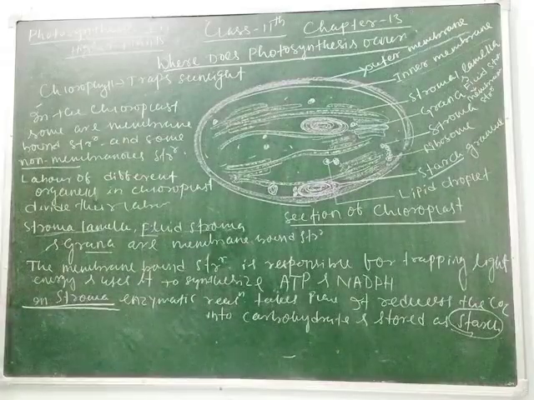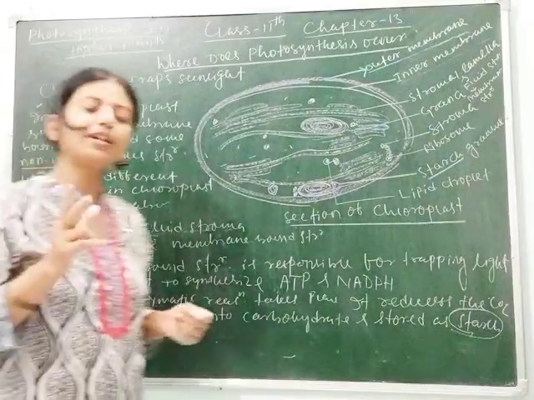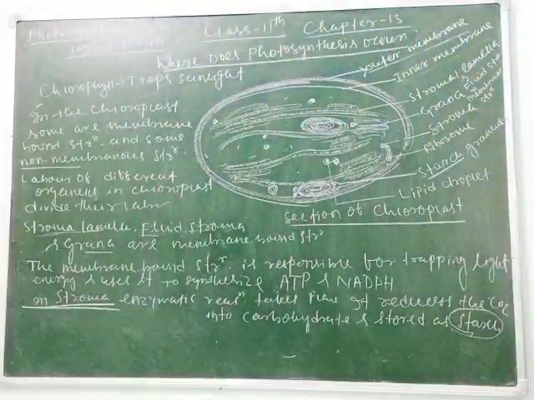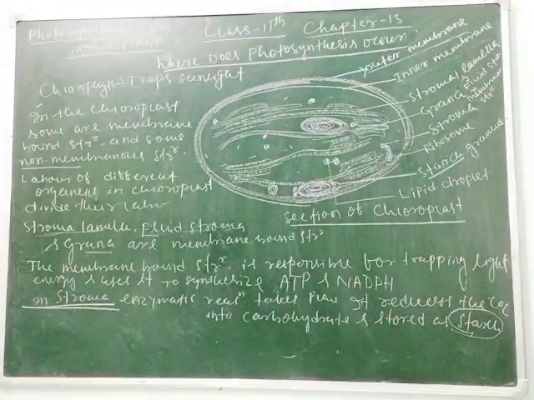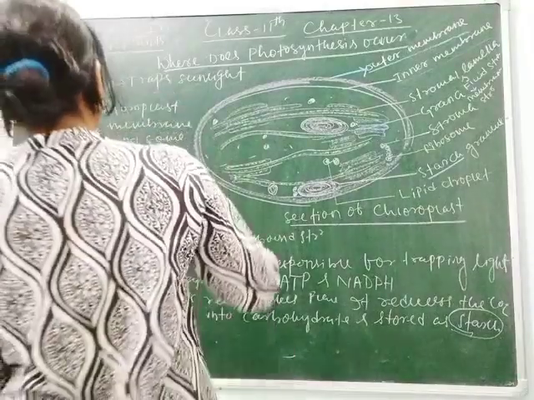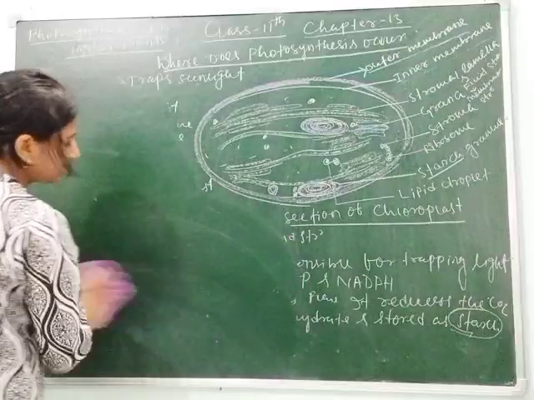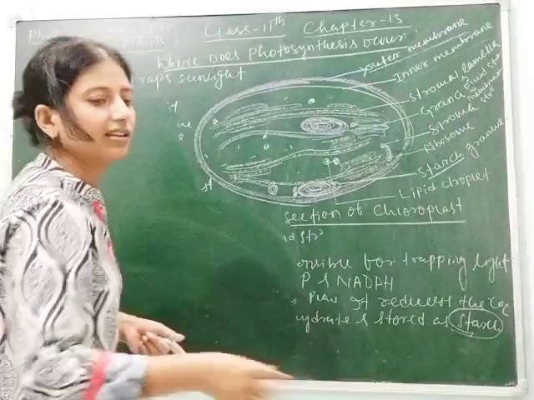Clear students? So during this process two types of reactions take place, one is light reaction and another is dark reaction. So let's see what is light reaction and what is dark reaction.